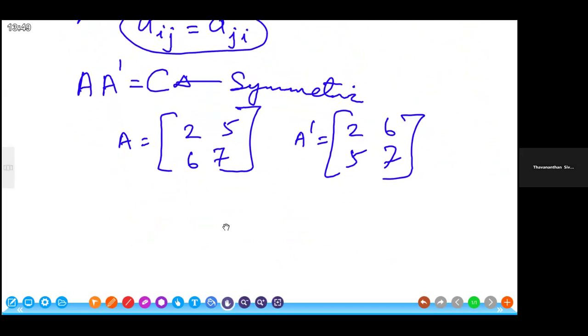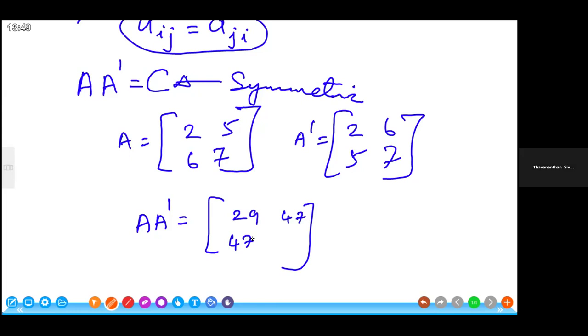If you multiply A with A transpose, what is the answer? 29, 12, 35, 47, and 85.